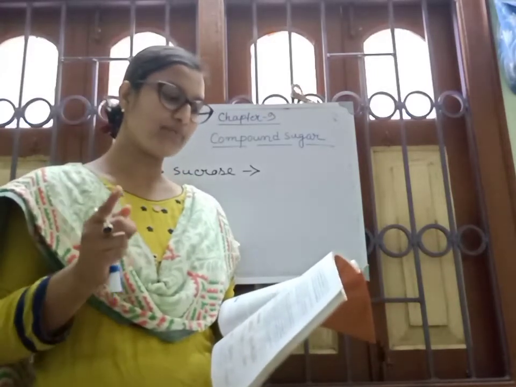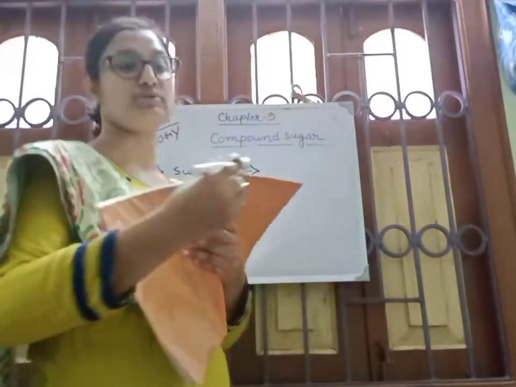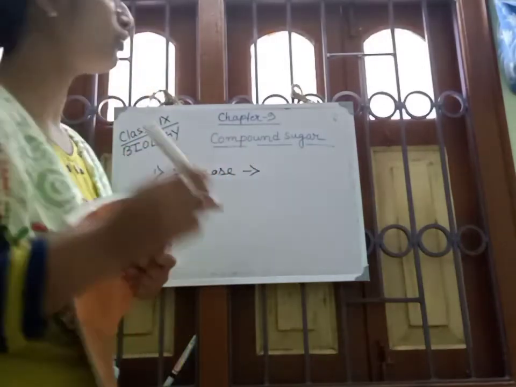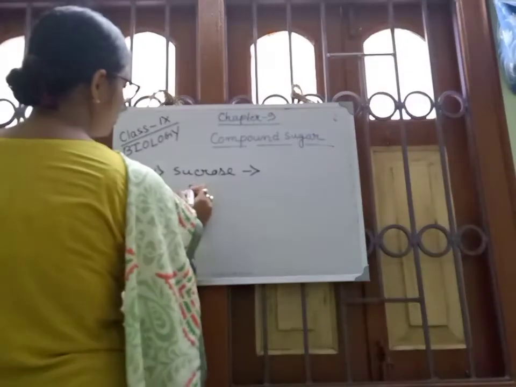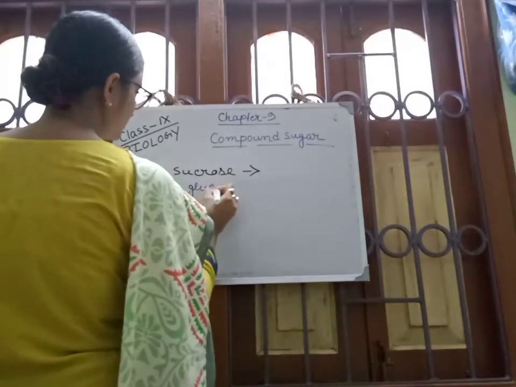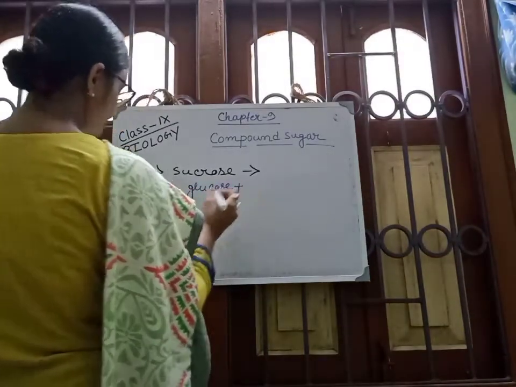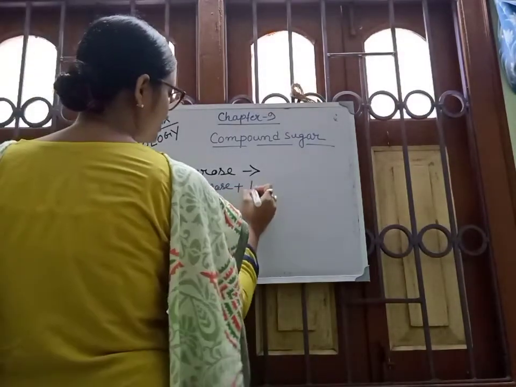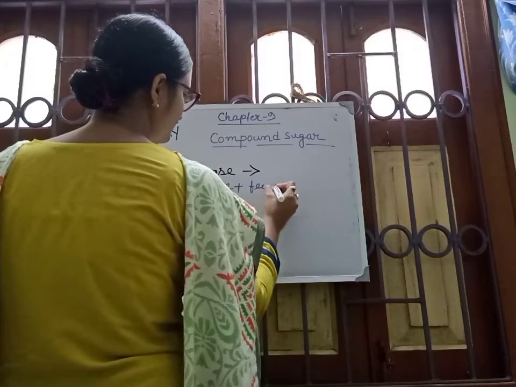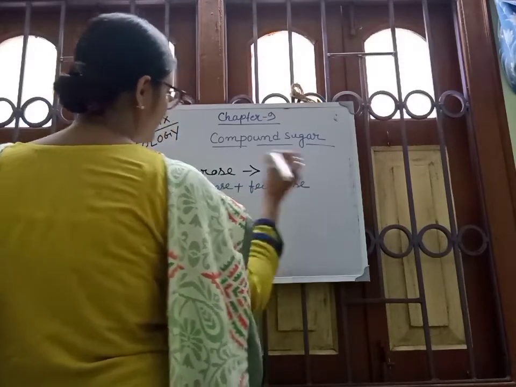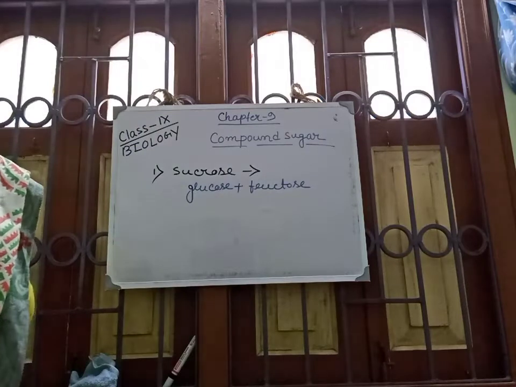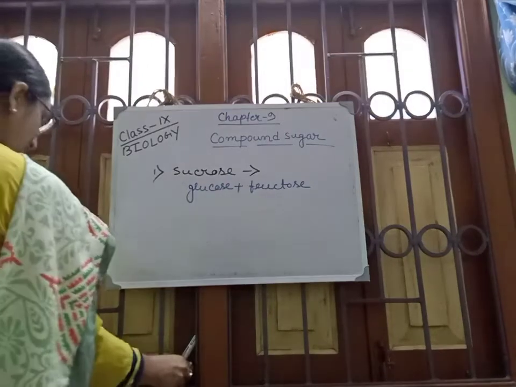It is made by the combination of glucose and fructose. This combination is very important. Sucrose is glucose plus fructose.